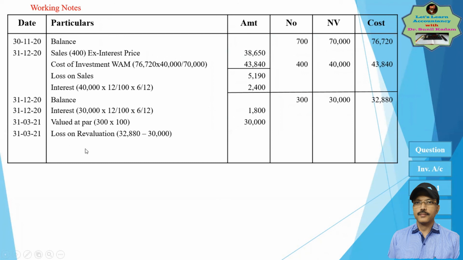So the loss on revaluation: the cost is 32,880 minus the lower one, 30,000. The difference is 2,880, a loss that has to be deducted from the cost, and we will get a balancing figure. So 2,880 is a loss, which has to be transferred to the profit and loss account by passing the entry: profit and loss account debit to investment account 2,880.